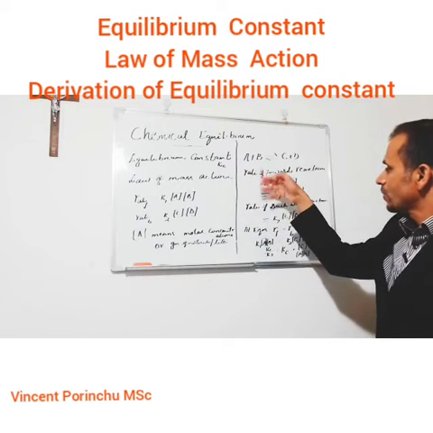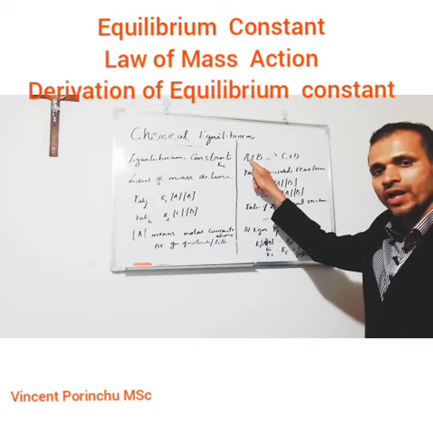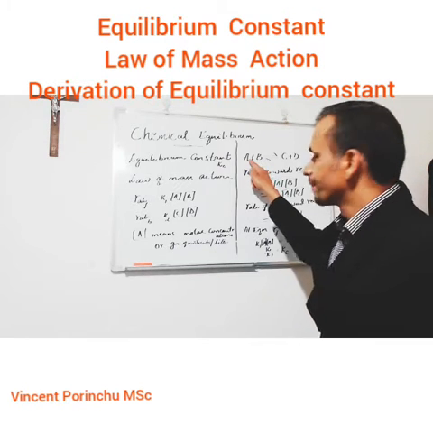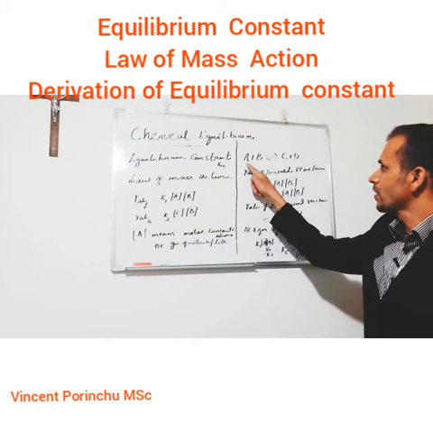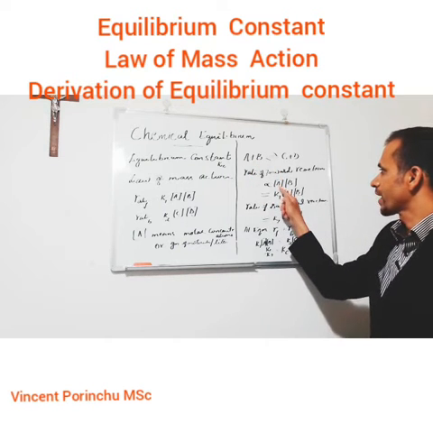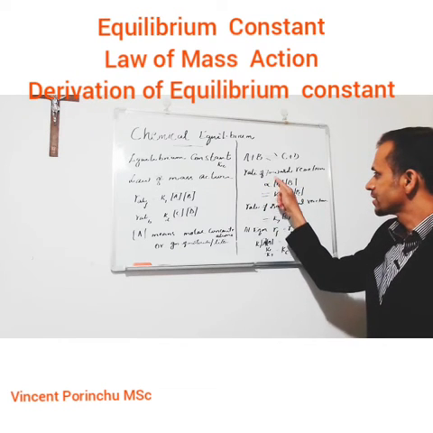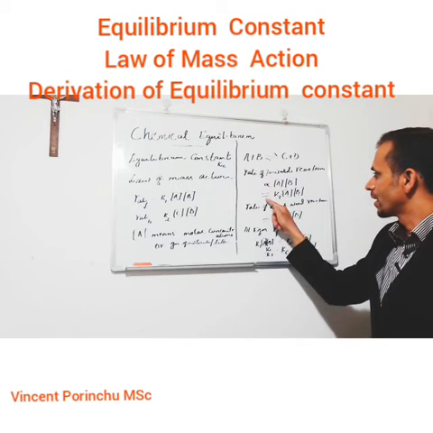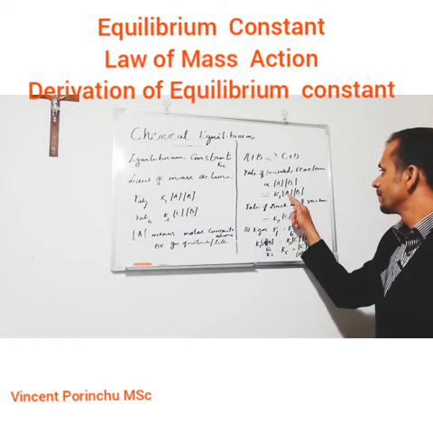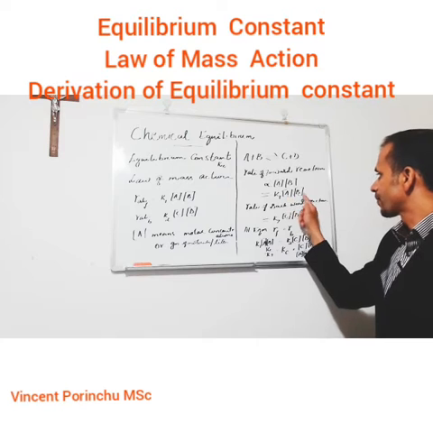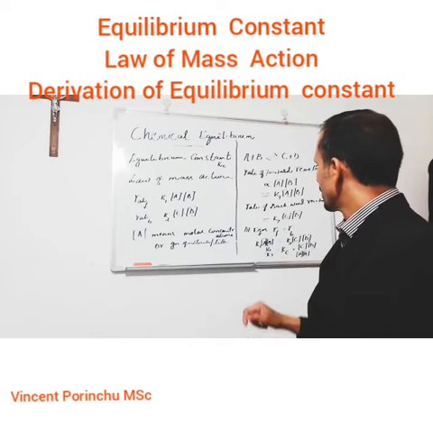When we apply the law of mass action to the above equilibrium reaction, the rate of the forward reaction is proportional to the product of the active mass of reactants. When we change the proportionality into equality, we get a constant times the product of the active masses of reactants.